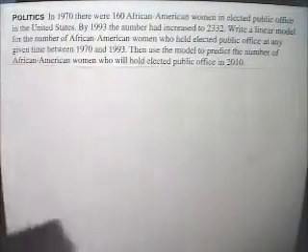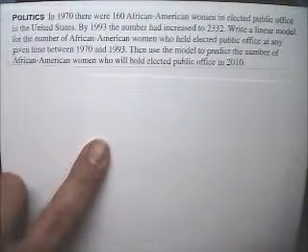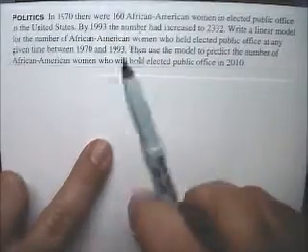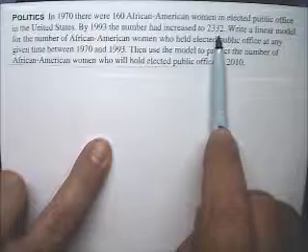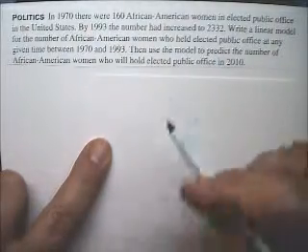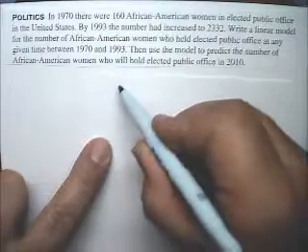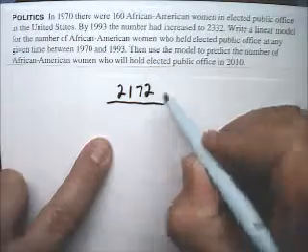For the slope, we're going to have to figure out the change in the number of people, and the change in the number of people, it went from 160 to 2332. So we subtract those two, and when you subtract them, that number is 2172. That's going to go in the top.